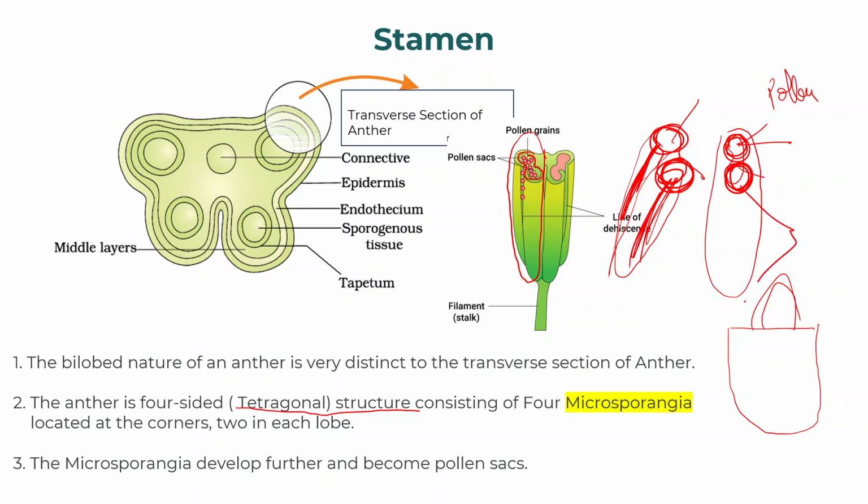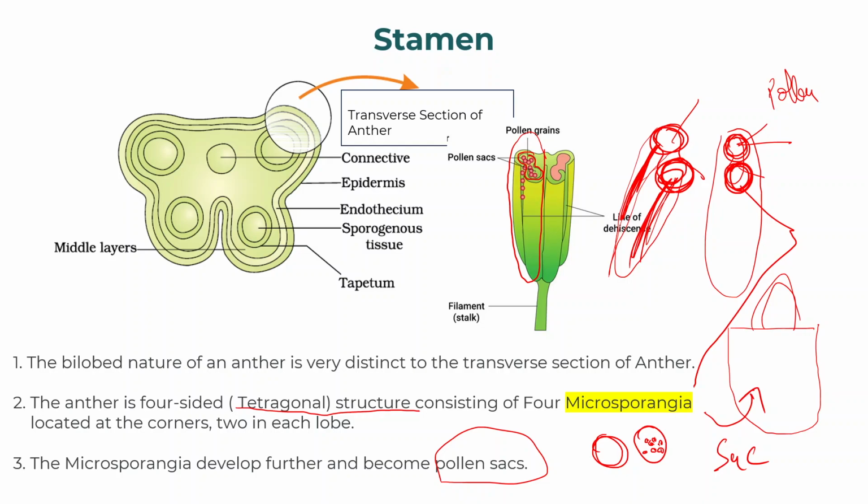So this microsporangia is similarly like this sac. We call it pollen sacs too. It is like a pollen bag, you could say. So microsporangia develop further and become pollen sacs where we could store pollen grains. This is what microsporangia is.